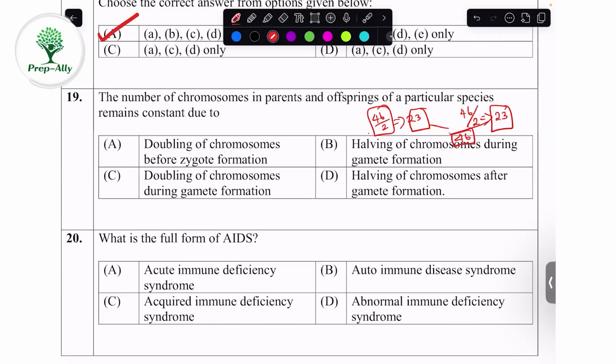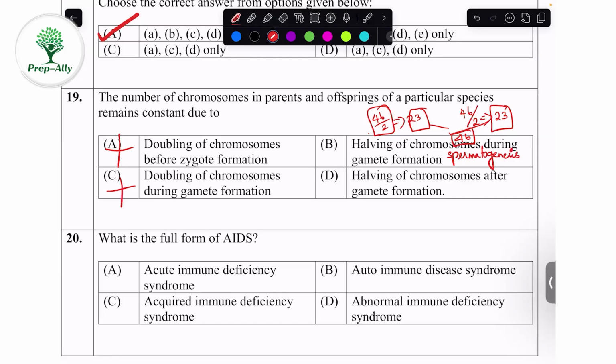Now we have to read the options. Doubling of chromosomes won't occur, so option A is wrong. Option C is also wrong. We take B and D. Halving of chromosomes during gamete formation, and halving of chromosomes after gamete formation. It happens during gamete formation. In males, it occurs during spermatogenesis, the formation of sperm.